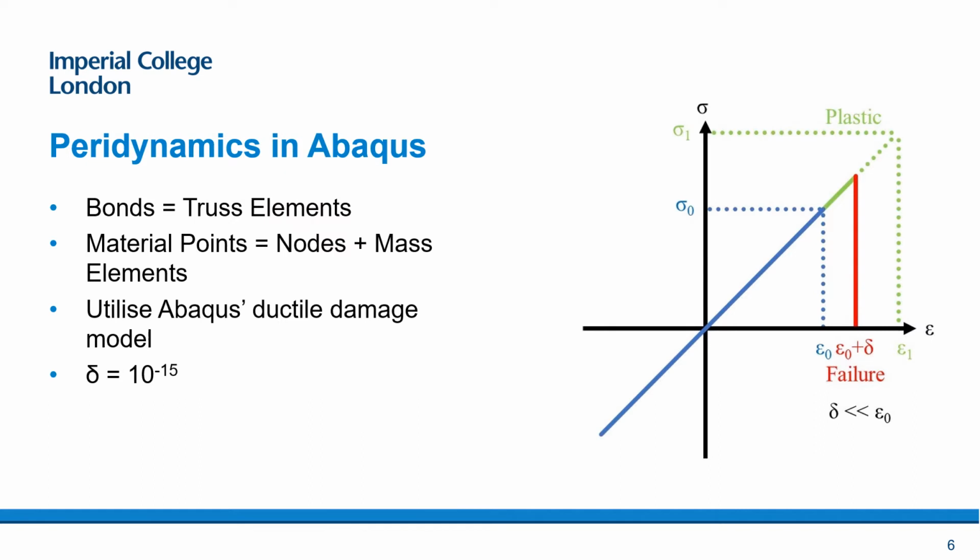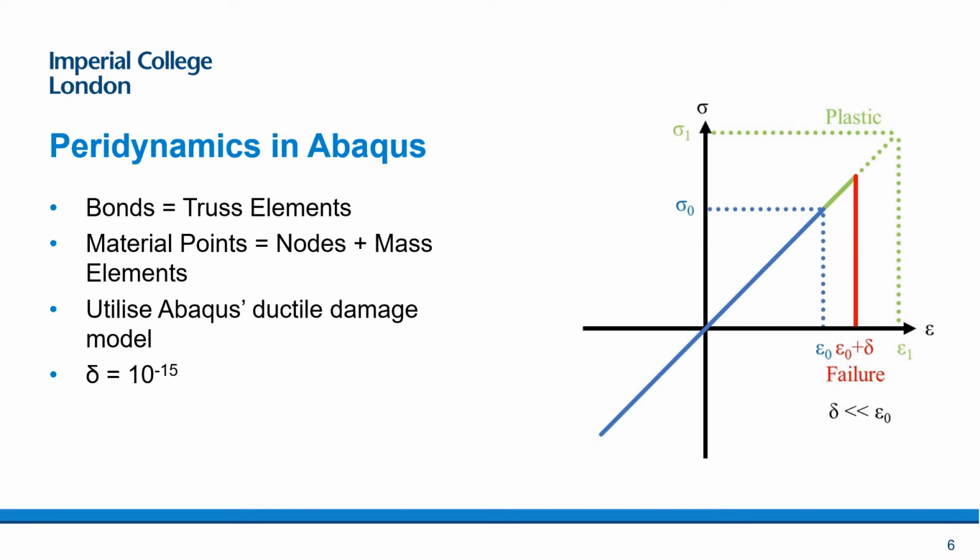In 2D now, what we wanted to do was use Abaqus to do our peridynamics, which meant using 1D truss elements to represent our bonds, and to represent our material points, we just had nodes with mass elements tied to them. And we utilized Abaqus's ductile damage model.